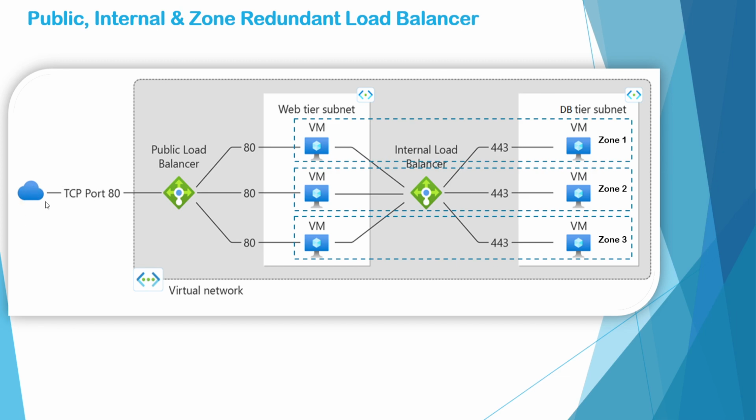The internet user will send the traffic to this public load balancer, then this load balancer distributes the load across these three virtual machines. These three virtual machines will send the traffic to the internal load balancer IP, and this load balancer IP will send the traffic to the three database VMs. So now I am going to configure the public load balancer.